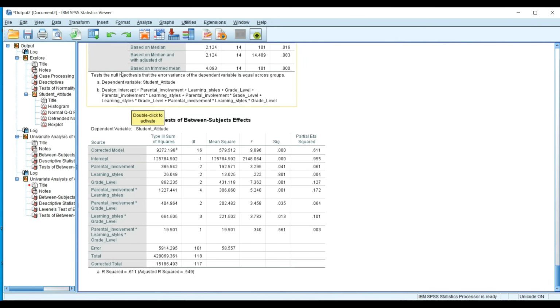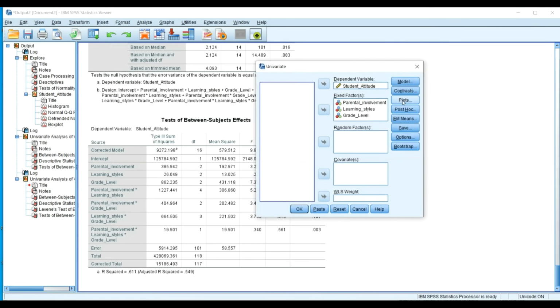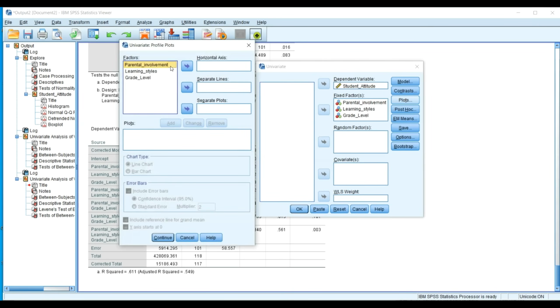To do that, I will go back to the univariate analysis and then go to the plot, because I want to create the interaction, to check the interaction effect.